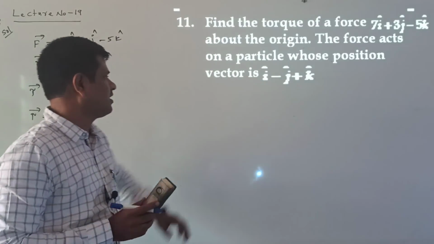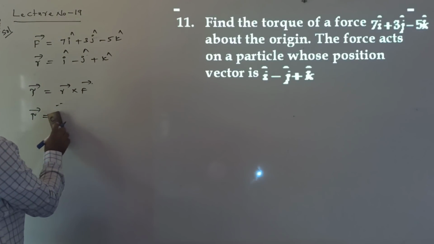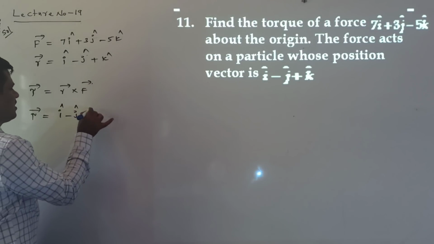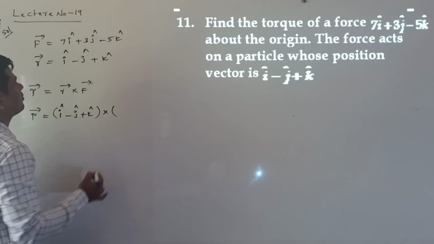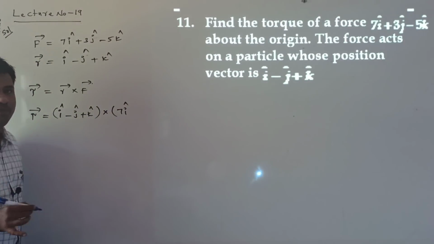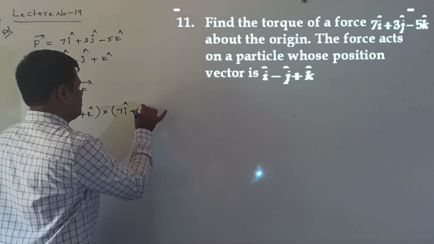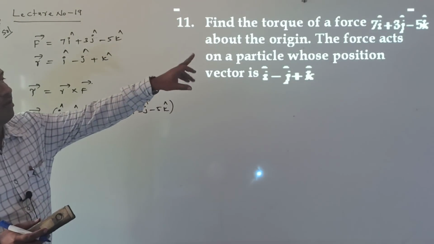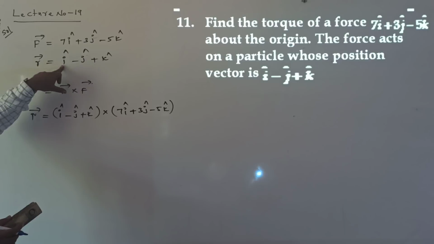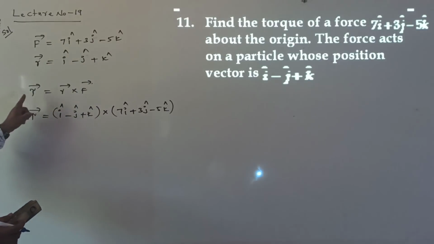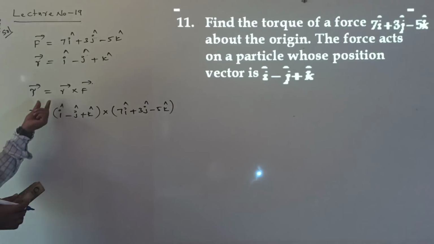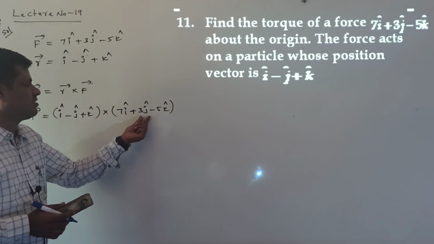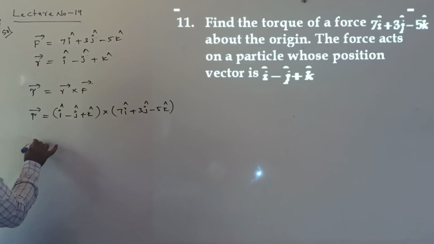So torque bar = (i cap - j cap + k cap) cross (7i cap + 3j cap - 5k cap). Here I want to make the cross product.